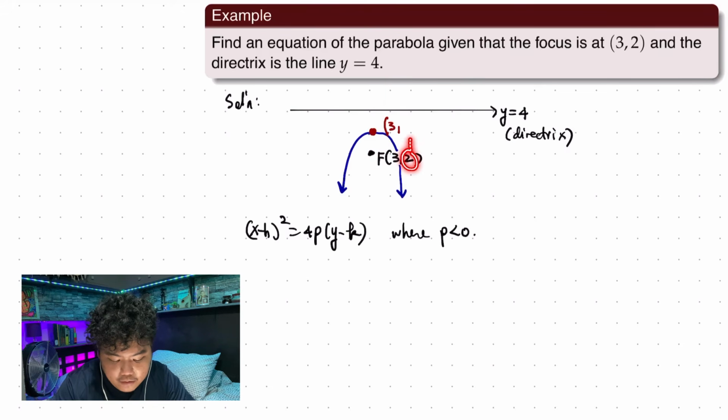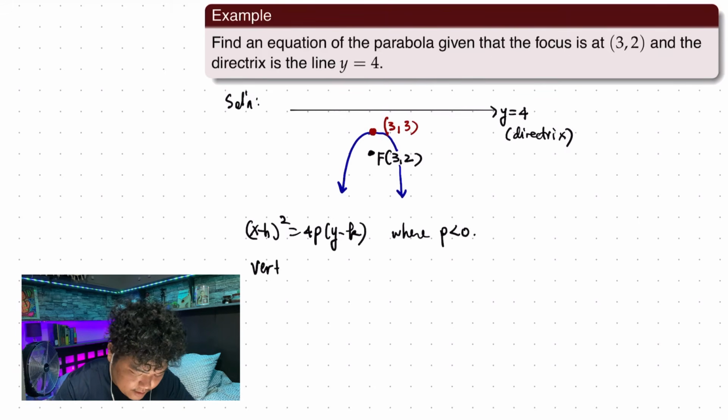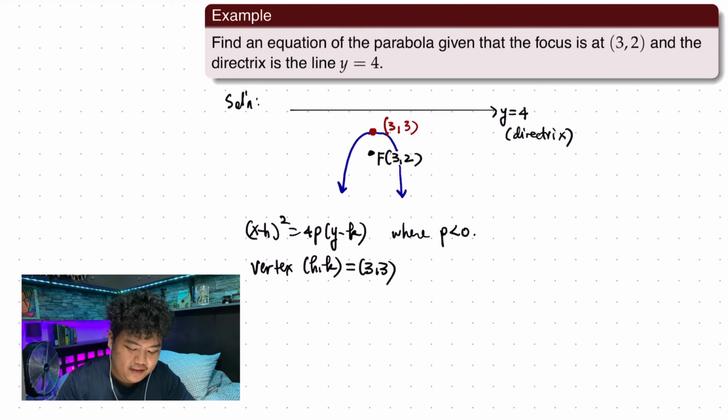So, aangat ka ng 1 unit from 2, which is 3. So, our h, k, or the vertex, is 3, 3. That is the vertex. So, okay na, libre na yung h, k.